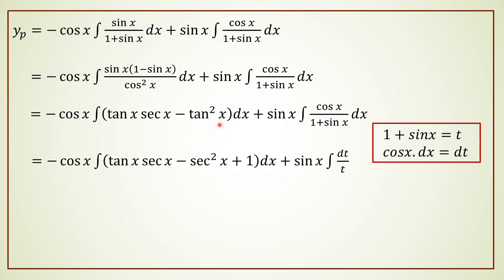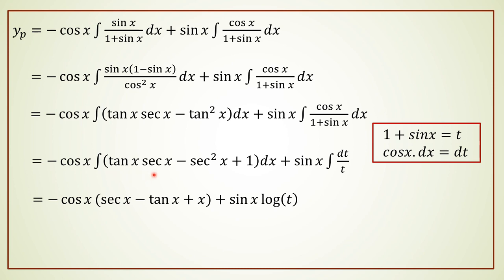Just observe over here, we know that 1 plus tan square x is secant square x. Therefore, I can write tan square x as secant square x minus 1. But already you have a minus sign over here, so it becomes minus secant square x plus 1, and the integration is with respect to x, plus sin x into integration of dt by t.